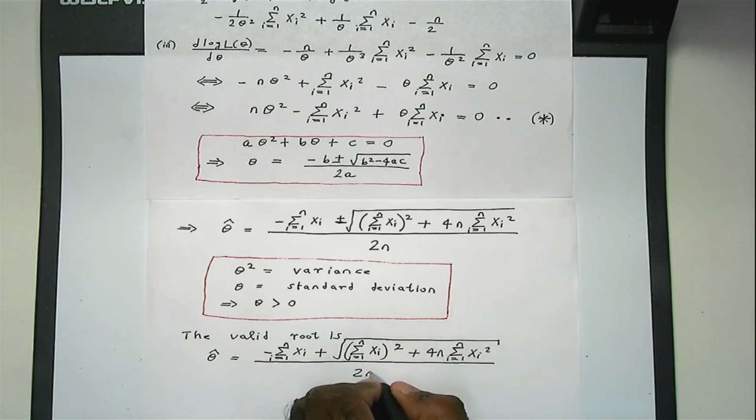So this is the valid root. Now we are not done yet because we still have to show step 4. Step 4 is to show that the second order derivative is negative. So let's see how we can do that.